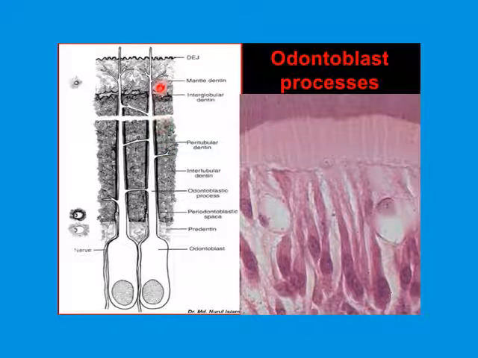Both of them are primary dentin and represent the mineralized dentin, while this is the Tomes' fiber, which is present inside. The black color represents the dentinal tubules, which are present inside the whole thickness of the dentin. This represents the dentino-enamel junction, which separates the dentin and the enamel here.